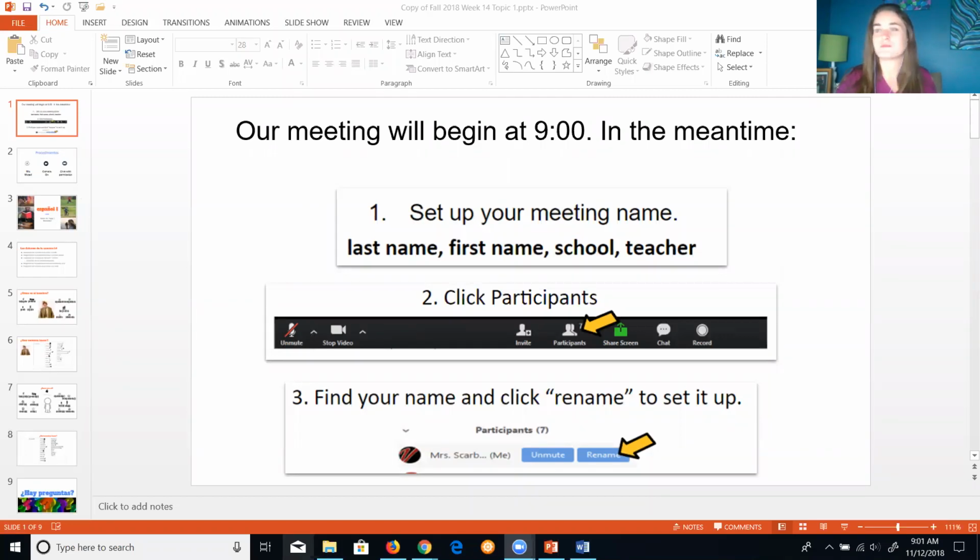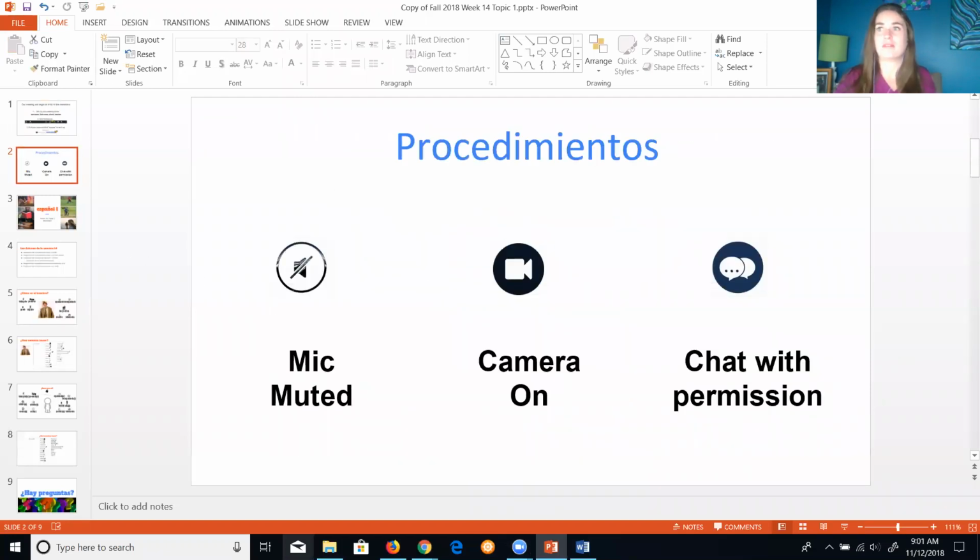Primero, recuerden, mantén tus micrófonos apagados y mantén tus cámaras encendidas. I'm looking at a few people that have cameras not on yet.